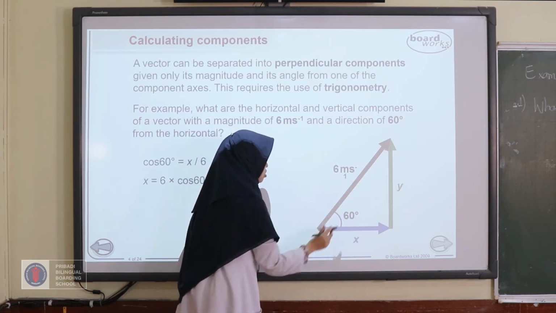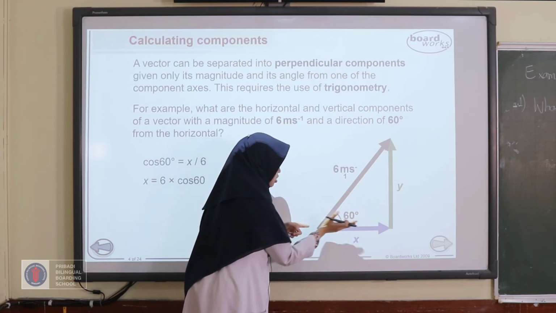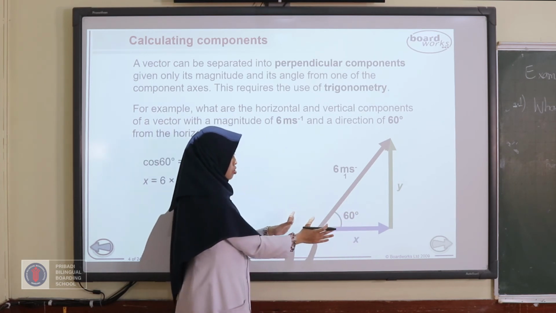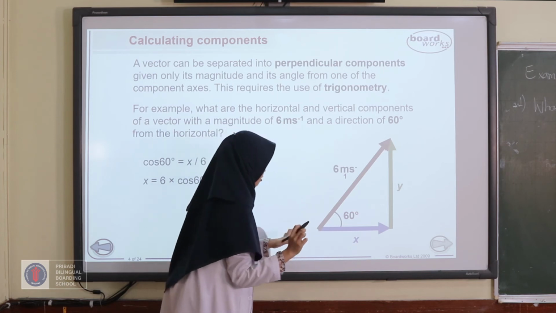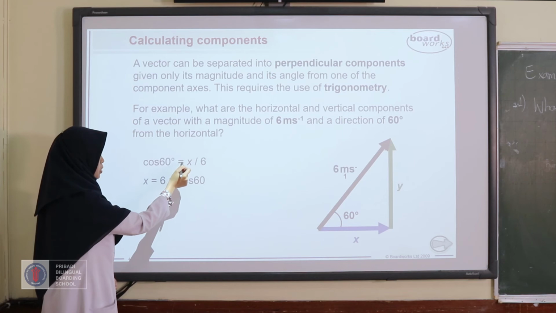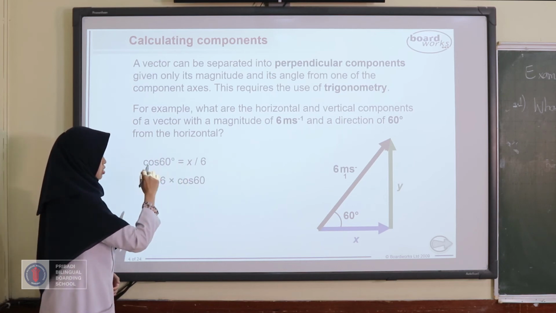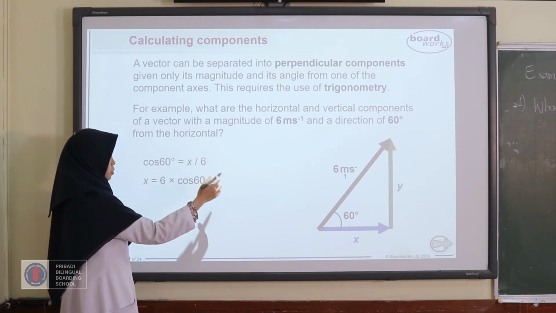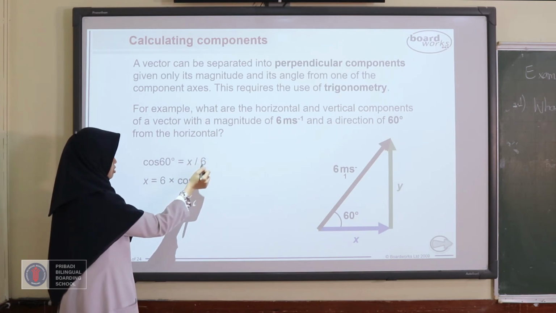Since x is beside the theta, you have to use cosine, not sine. So cosine 60 degrees equals adjacent divided by hypotenuse, so x divided by 6.